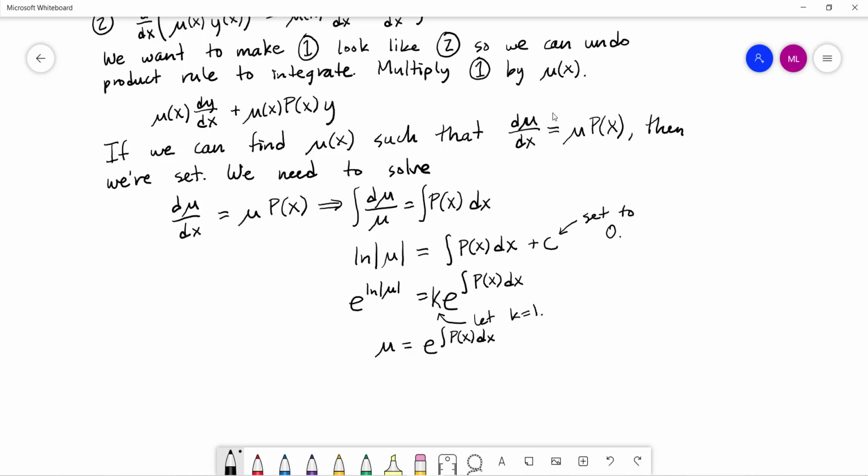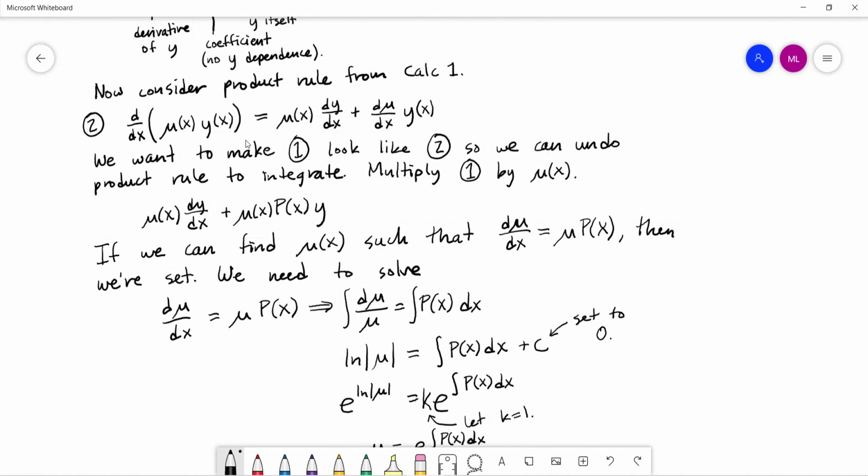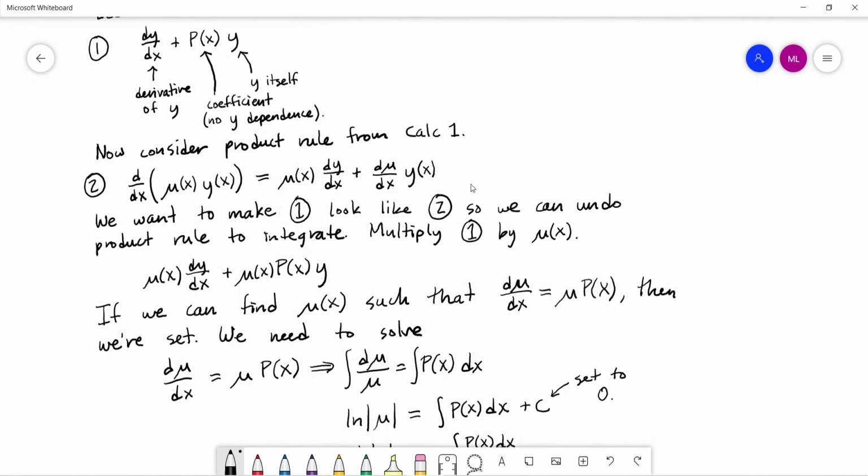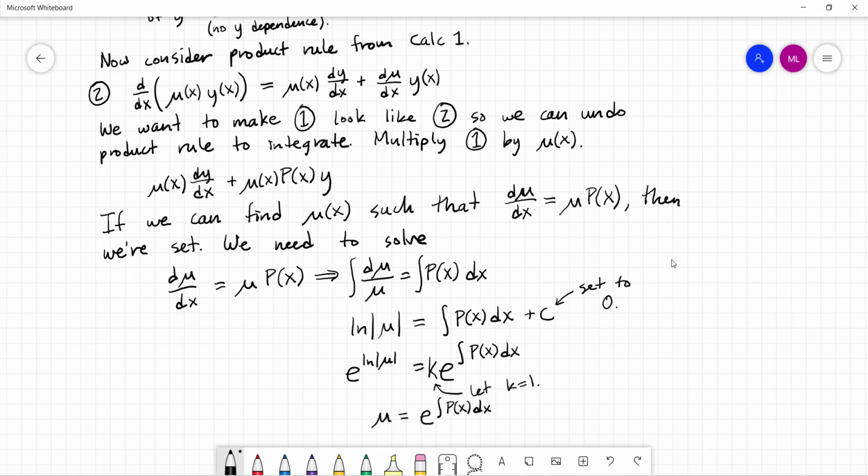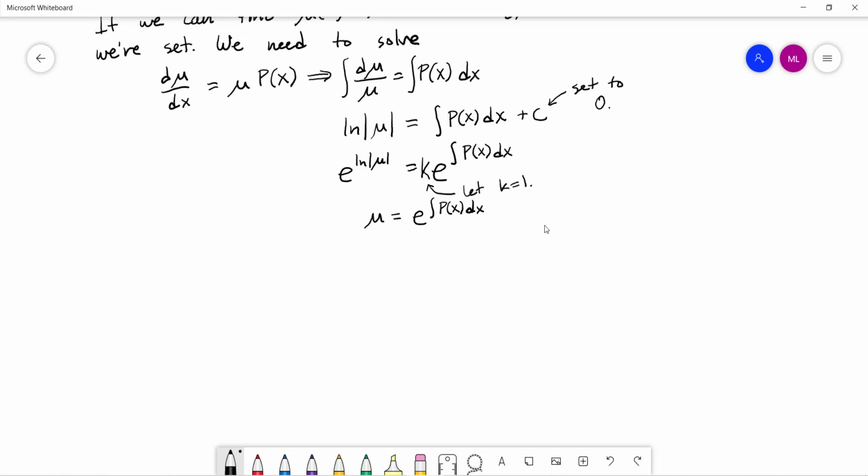And if these two things are equivalent, then that means that this coefficient here matches this coefficient here, and that means that basically we can easily integrate this whole mess to make it look like this. We can undo the derivative by integrating and reversing the product rule. So that is our goal. We found the appropriate mu. This mu, this function that we just found, is called our integrating factor.